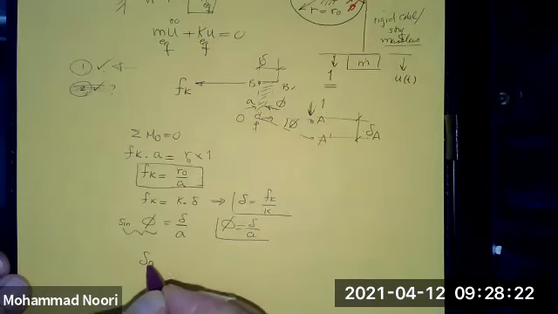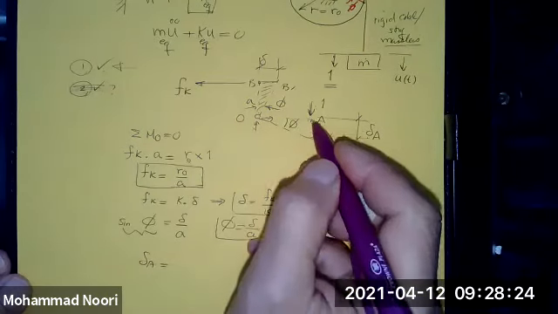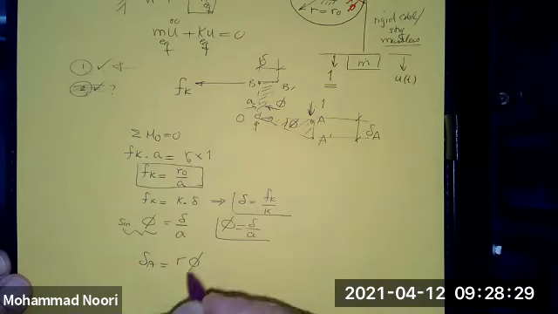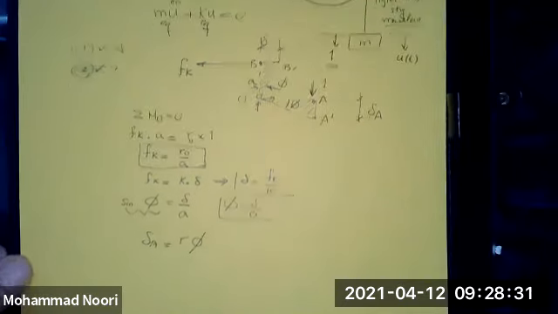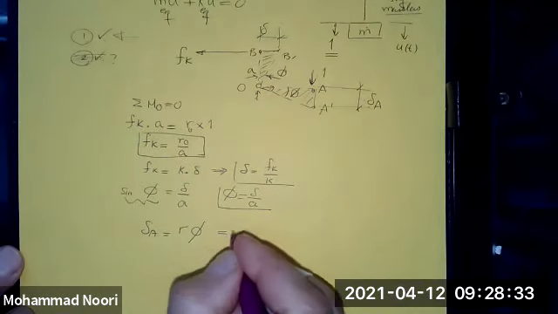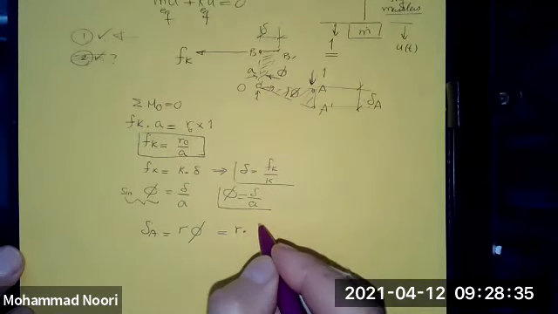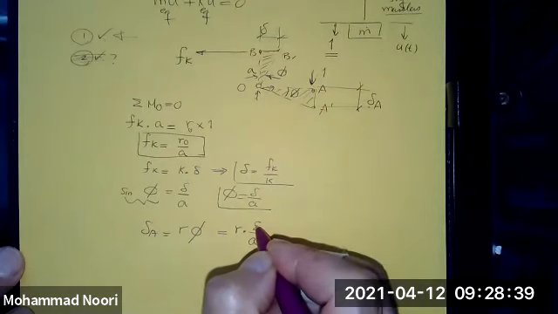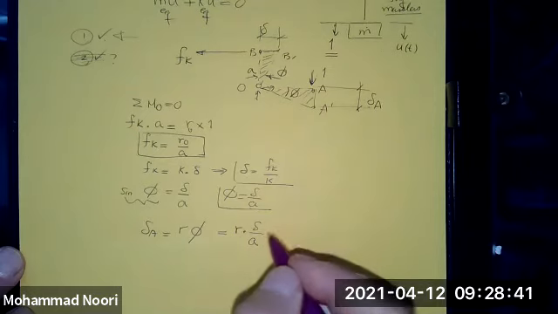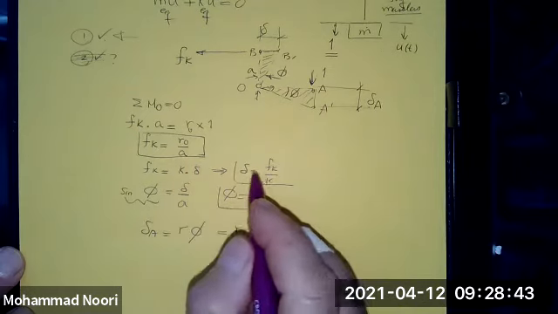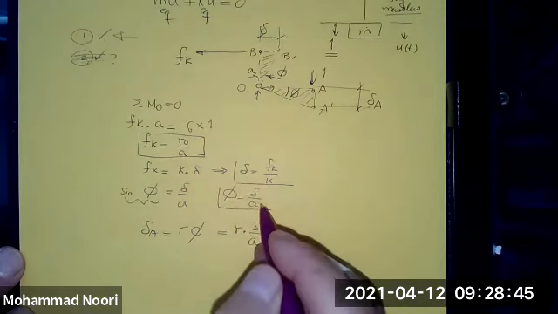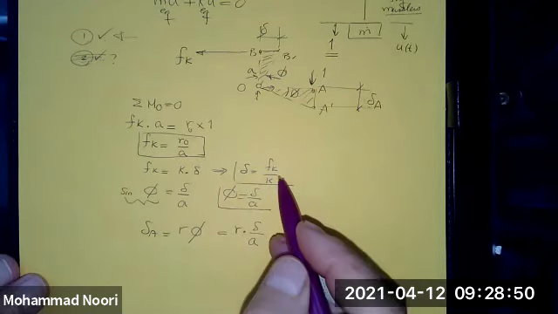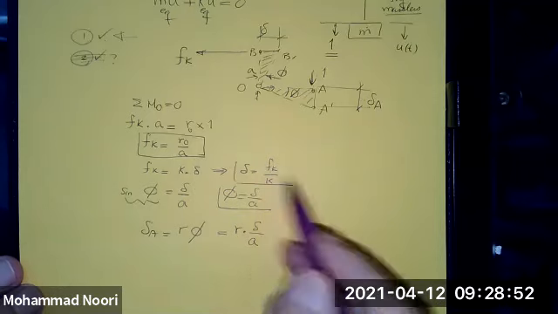Delta A, in this triangle, is r naught times phi, or in other words, is r naught times delta over a. Delta is f of k over k.